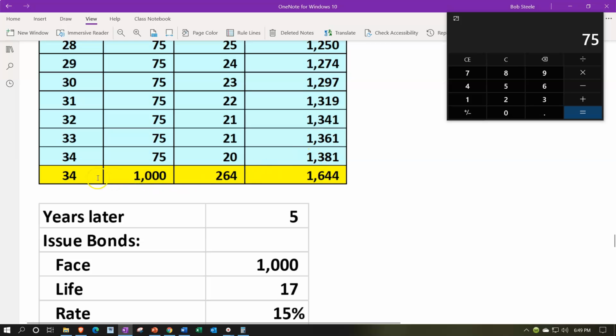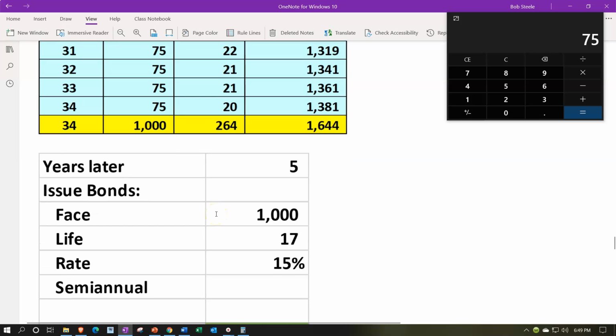If we did that one more, 34 periods out, and added the $1,000 payment and present value of 1, we get the 264, which is greater than what we had before due to us being closer to the maturity for the most part, because 5 years had passed.